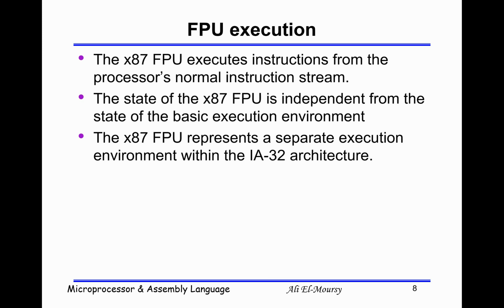So for the floating point unit execution, the x87 executes instructions from the processor's normal instruction stream, meaning that the main processor, which is the 8086, does the fetch and decode steps for the instructions.